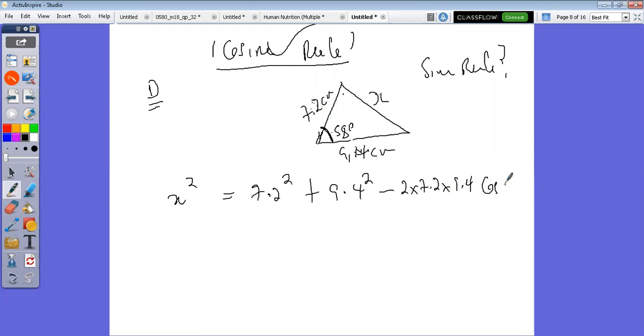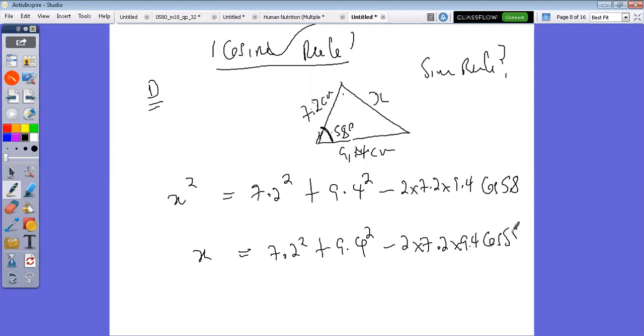What is the angle between them? 58. Are we together? But what I want is not x squared, it is x. So now to find x, I say the square root of everything there: 7.2 squared plus 9.4 squared minus 2 multiplied by 7.2 multiplied by 9.4 cos 58.